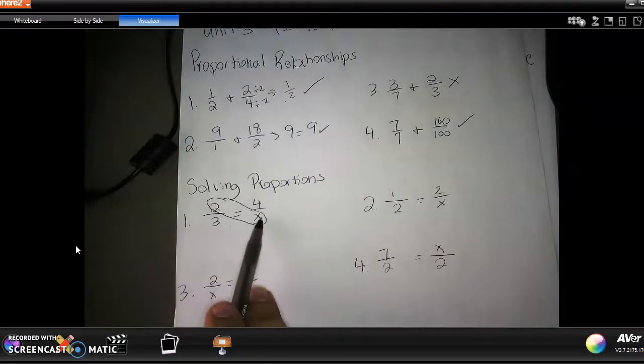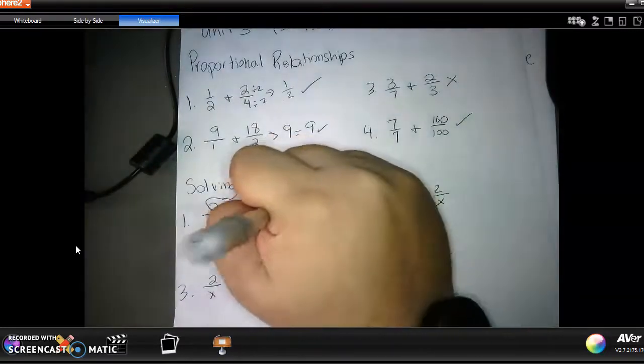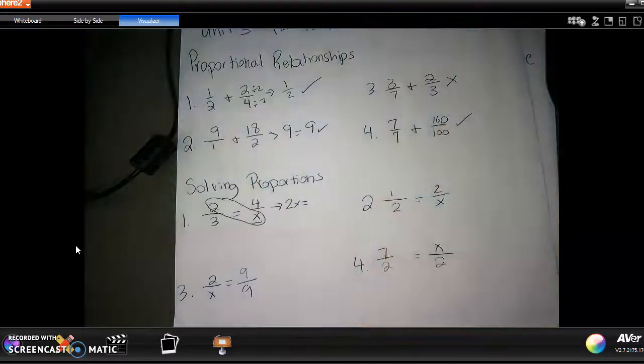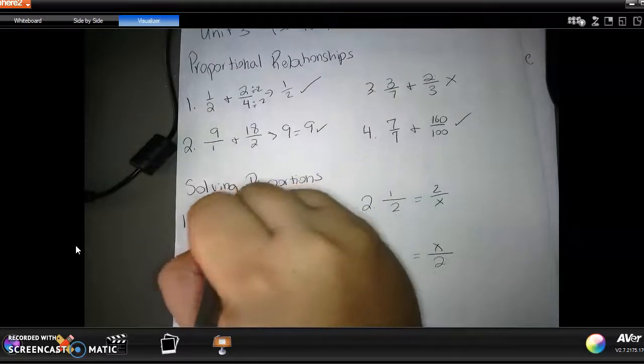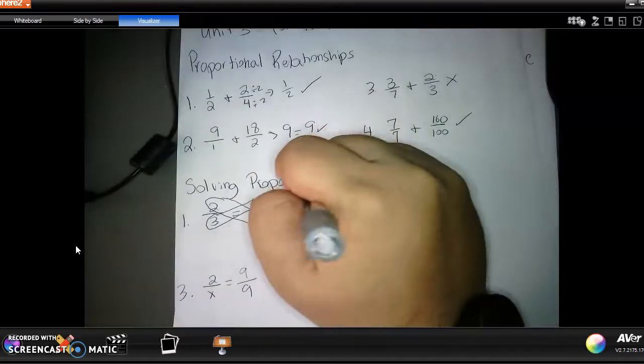So 2 is across from x, so you're just going to circle them. Alright? And then you multiply. So 2 times x is 2x. Bring over your equal sign. And then you have 3 times 4, and you're just going to circle these. Okay? So 3 times 4 is 12.